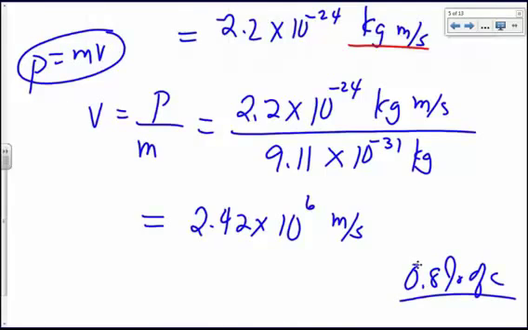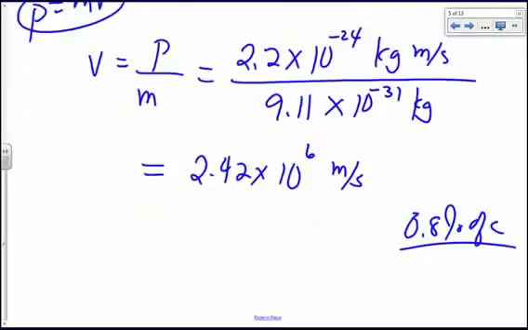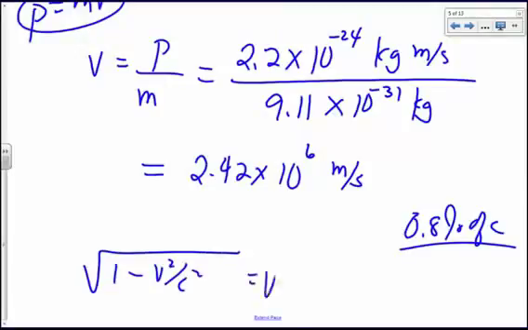So that's kind of a low speed actually. So that's going to be a negligible correction. Because what was the correction factor you're going to have to do? 1 minus v squared over c squared, right? So if you make that correction, that's 1 minus 0.008 squared. So you're not going to be off by much.